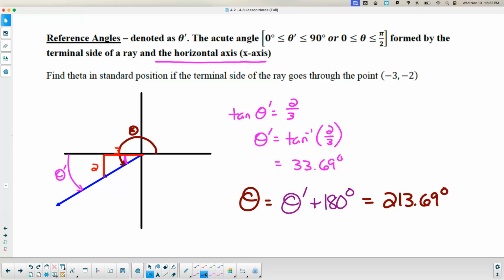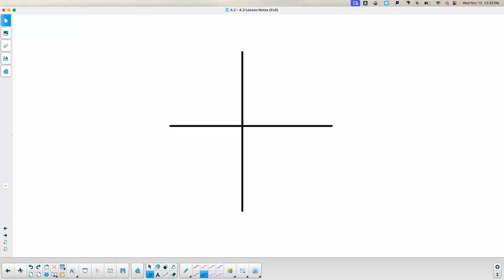Now, somewhere in your note packet, you hopefully have enough space to put this in, but you need to make yourself a little Cartesian coordinate system, because we're going to talk about reference angles in the 4 quadrants. Okay?